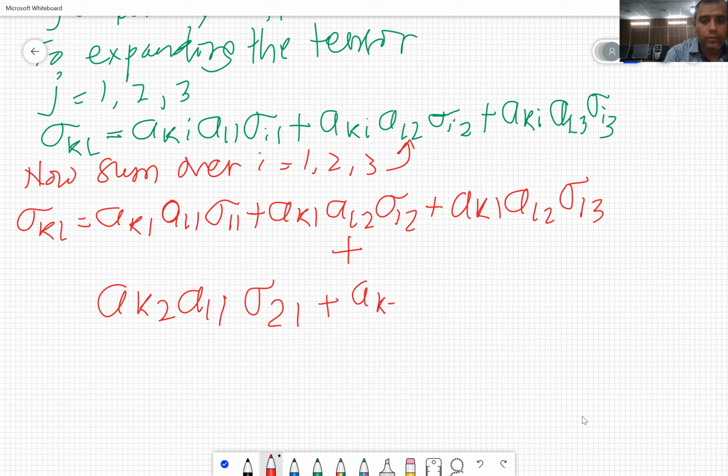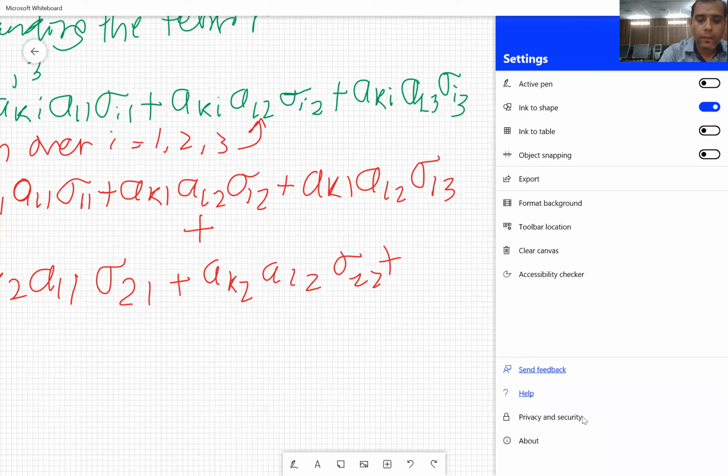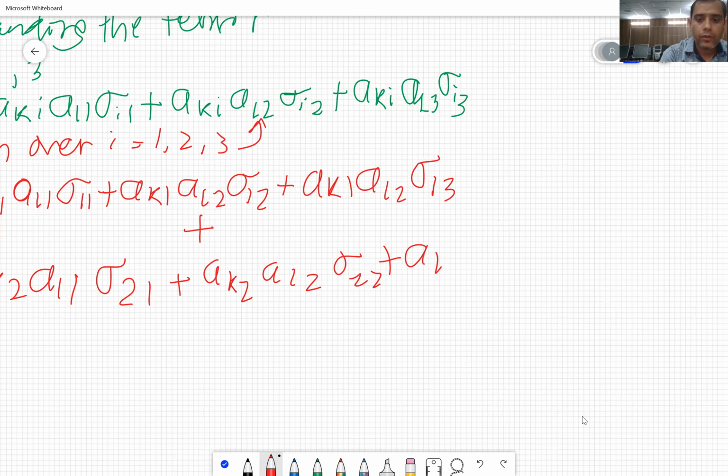A K2 A L2 sigma 2 2. Similarly, I'm writing here A K2, sorry, A L3, A L3 sigma 2 3.